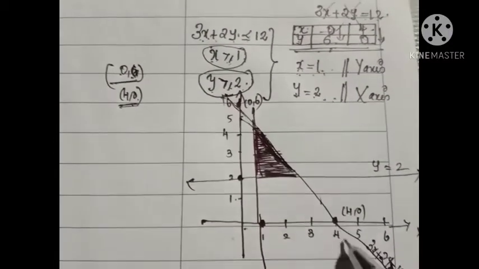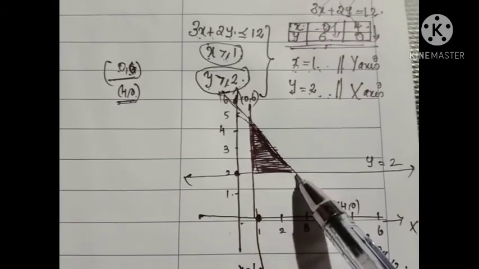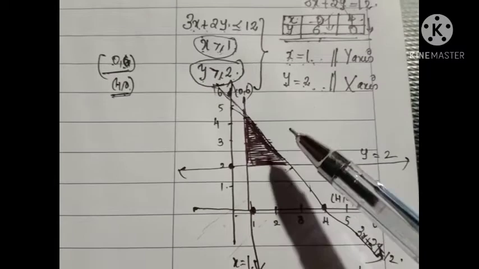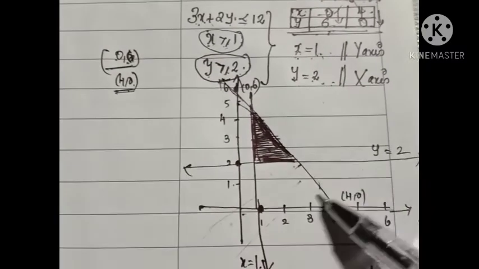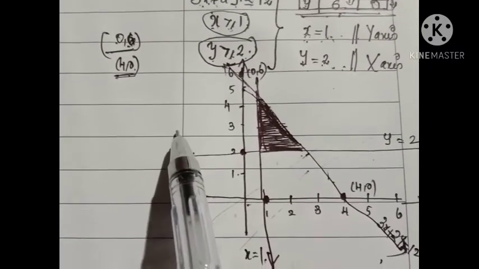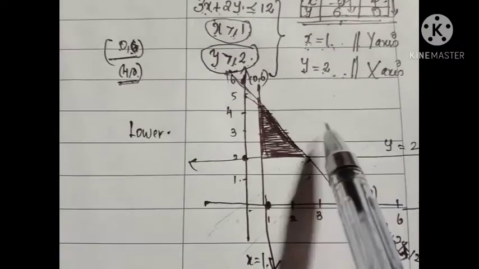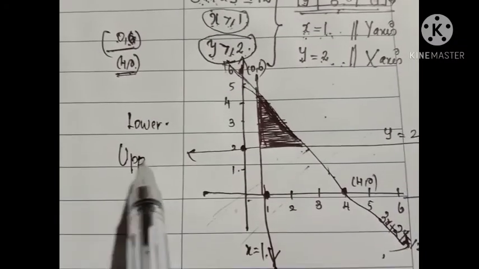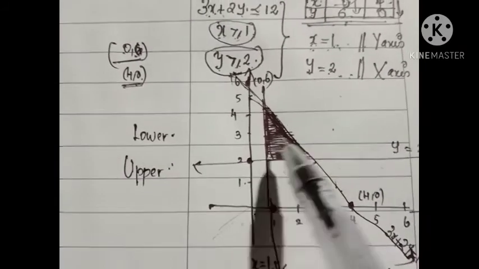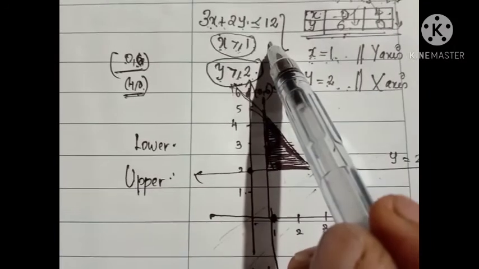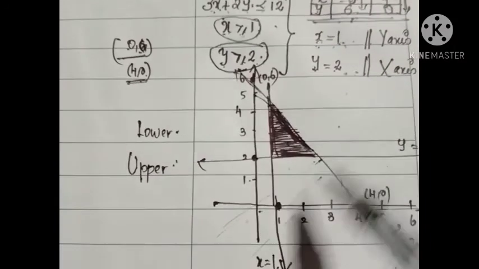This is our line 3x plus 2y, with a lower half plane and an upper half plane. Select a point from the lower half plane and a point from the upper half plane and check which coordinate satisfies the given inequality. Is it clear?